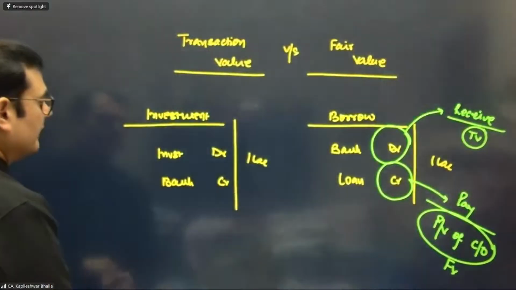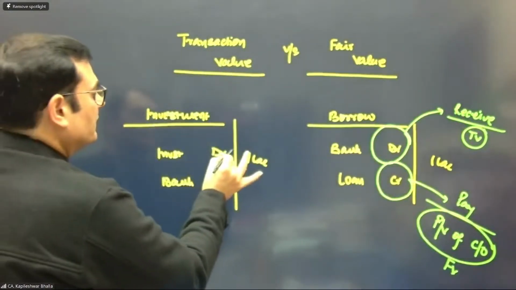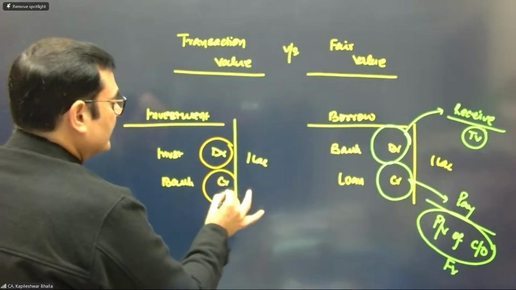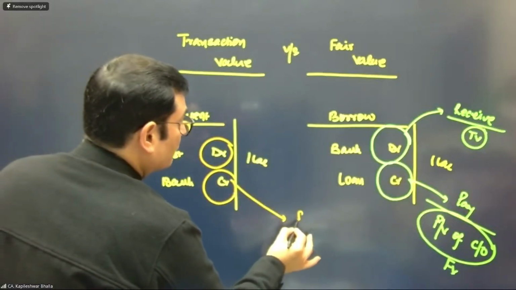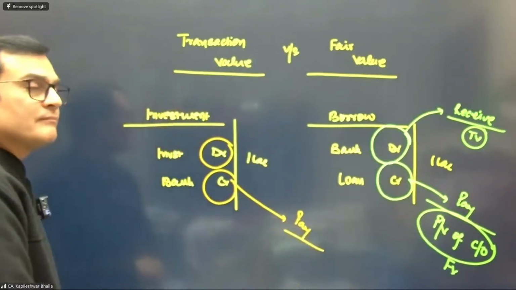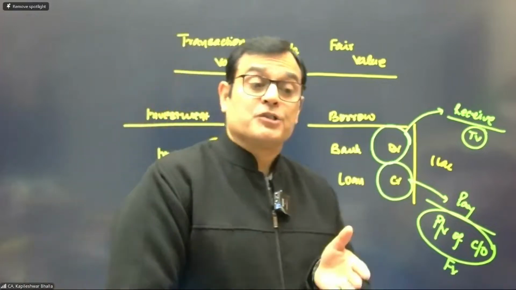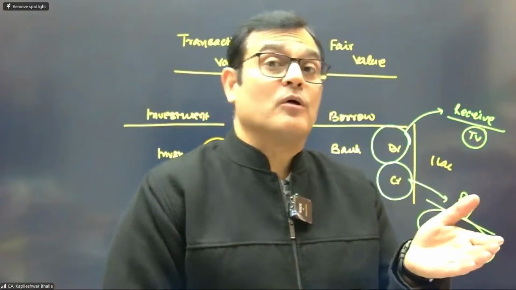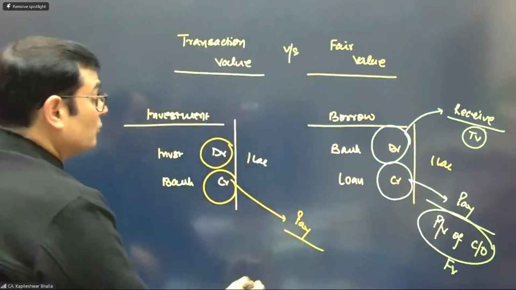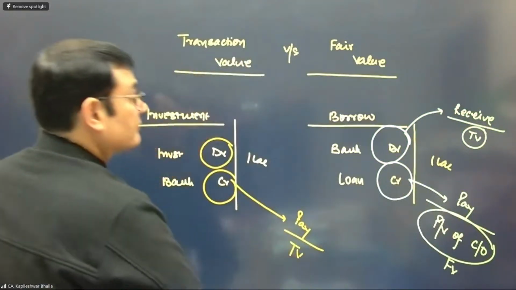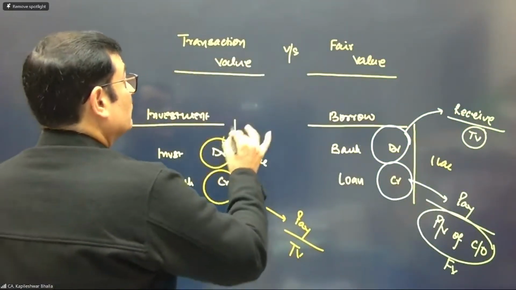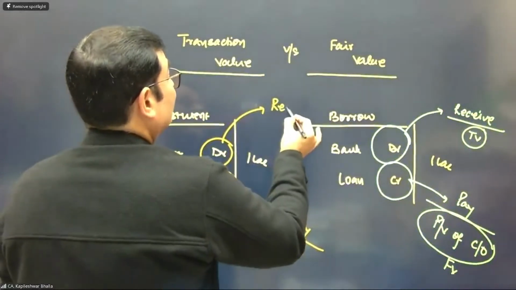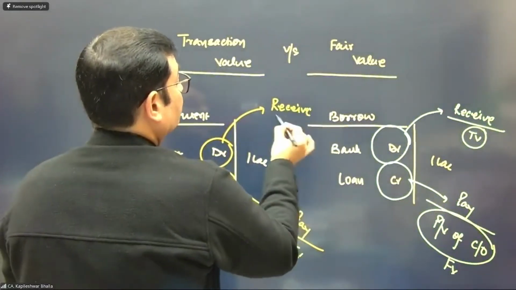Now, in this particular case, when you invested 1 lakh rupee, bank is given a credit with what you pay today. I invested 1 lakh rupee, so I transacted at a value of 1 lakh. So bank gets recorded with the transaction value, what you paid today. But when you say investment, investment is with the amount which you will receive in the future.